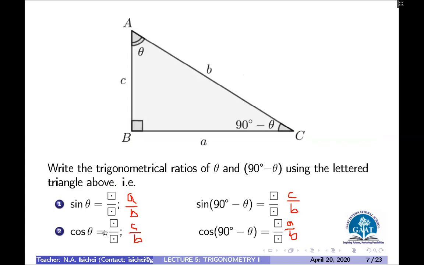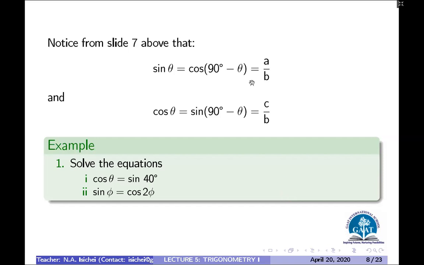These two equations are used in solving equations involving trigonometrical ratios. Please never forget it. Write it down in your jotter. Sine theta is equal to cos 90 minus theta, while cos theta is equal to sine 90 degrees minus theta.